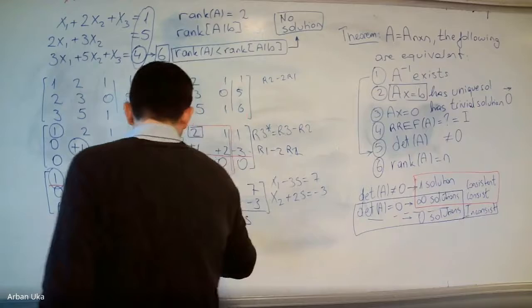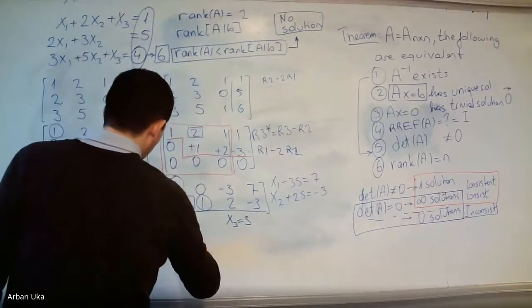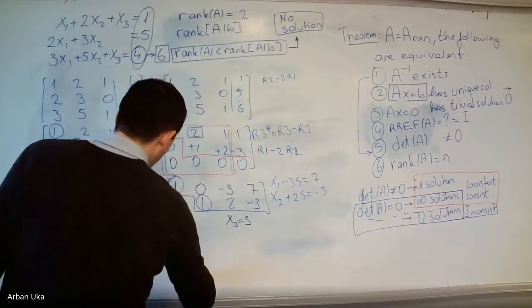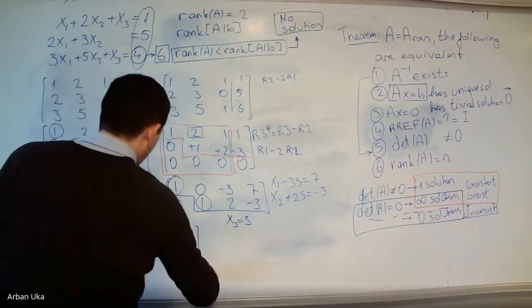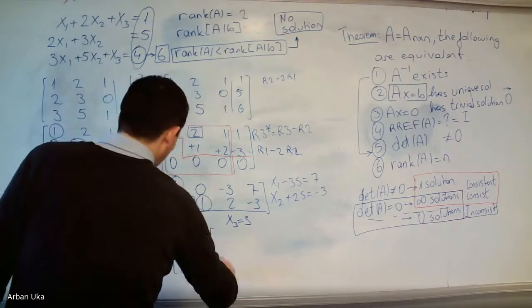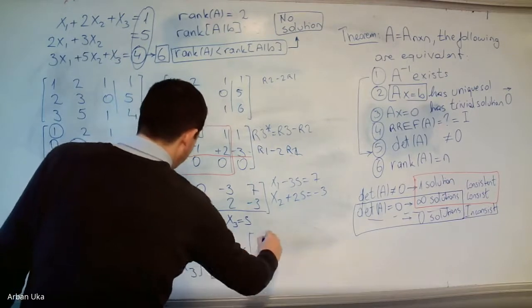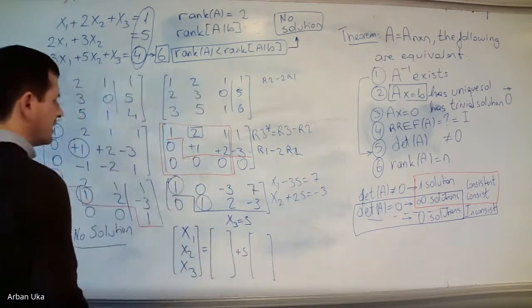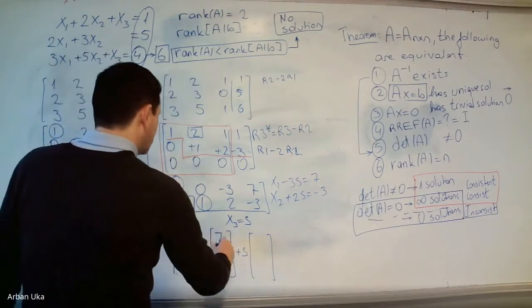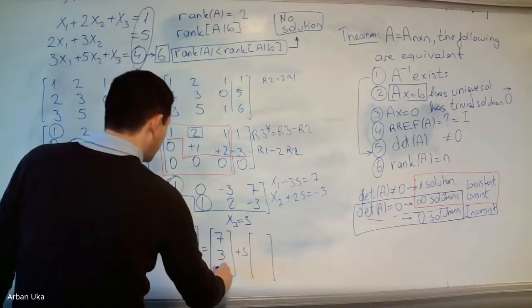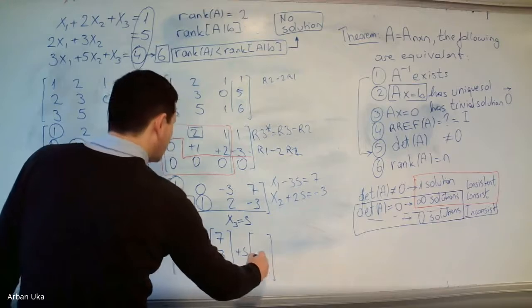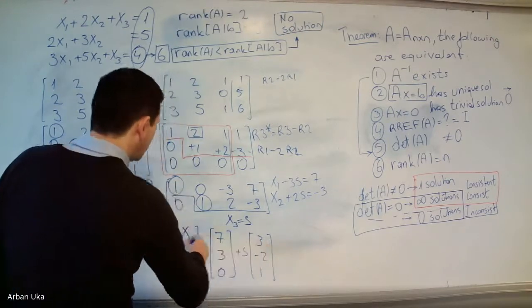And finally, we can write down here that X1, X2, and X3 is equal to any constant vector plus S times. So what is X1? We get here 7, 3, 0, 1, minus 2, 3.